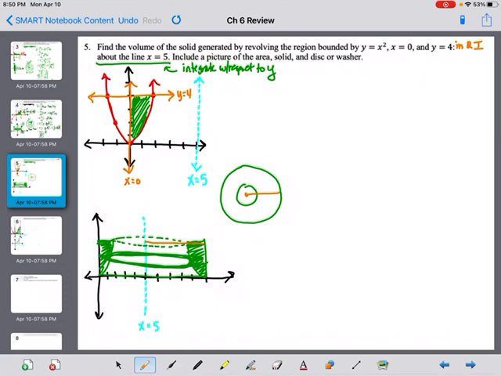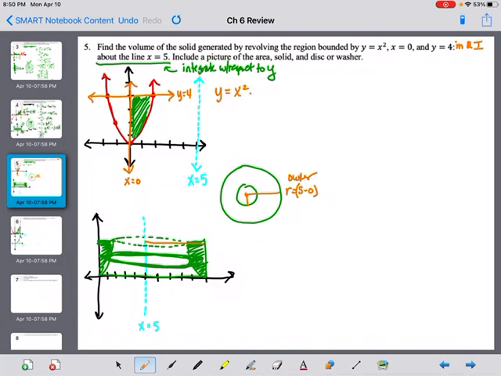So this radius here is just going to be 5, or 5 minus 0. And then our inner radius, from there to there, is going to be 5 minus our function. Remember, our function is y equals x squared.